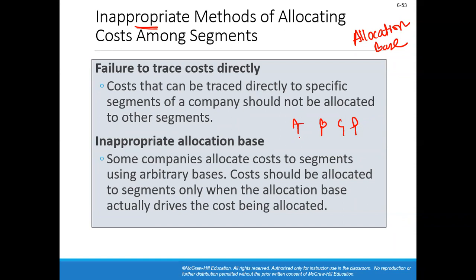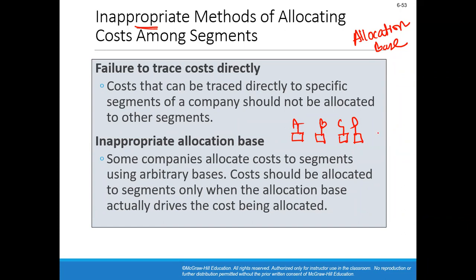Their outlets incur some fixed rent for the premises in which they do business. Say outlet A and outlet B are situated in premium locations, and outlet C and outlet D are located in locations which are not premium.